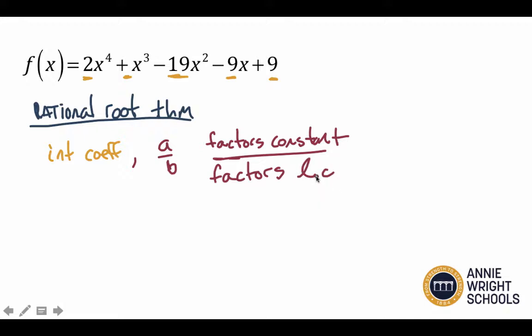So what the rational root theorem does is it takes a polynomial like this f of x, and it allows us to say, hey, I've got integer coefficients. So now I know that if this thing has any rational roots, they're going to look like the factors of the constant. So that's 1, 3, and 9, divided by the factors of the leading coefficient.